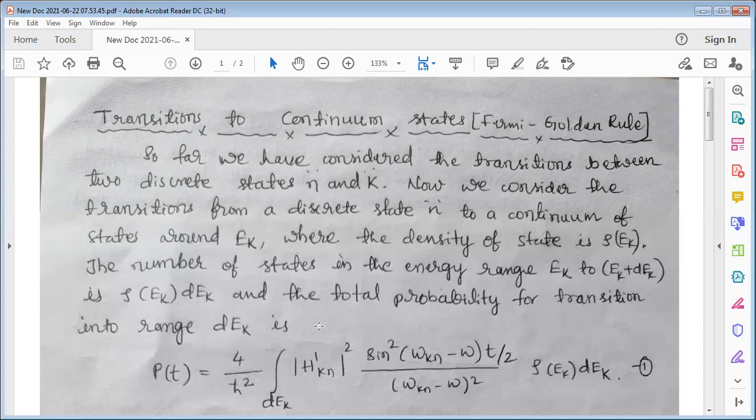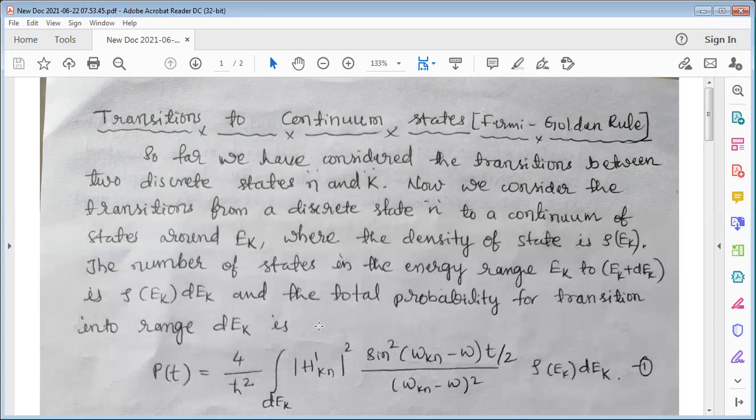But now we consider the transitions from a discrete state n to a continuum of states around Ek. That means the k state is now not a discrete one, it is a continuum.